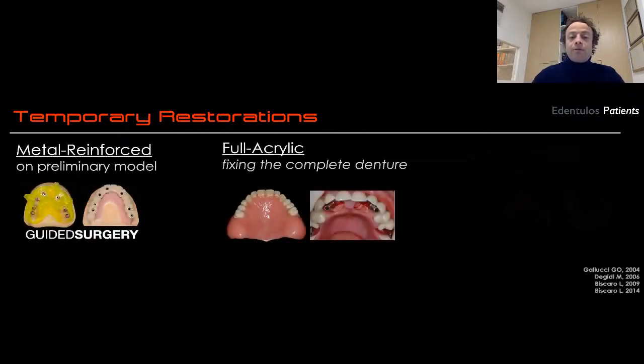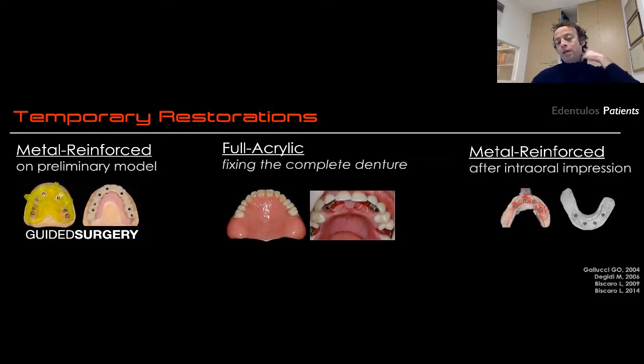About the temporary restoration in the full dental loss patient, we can have three different strategies. The first strategy, that is the most sophisticated, is when we have the chance to work totally with the guided approach. So we create a preliminary model with the implant replicas located in this model, using the surgical guide to get the model.